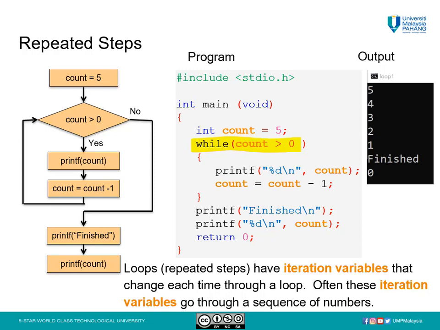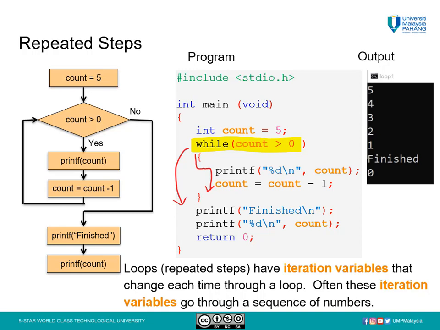If it is true, this code will be executed, and if it is not true, this code will be skipped. In that respect, it is exactly the same as an if statement. You could say that if count was greater than 0, which is true, 5 greater than 0, run this code, otherwise skip this code. But that's where things get a little bit different for the while statement compared to the if statement.